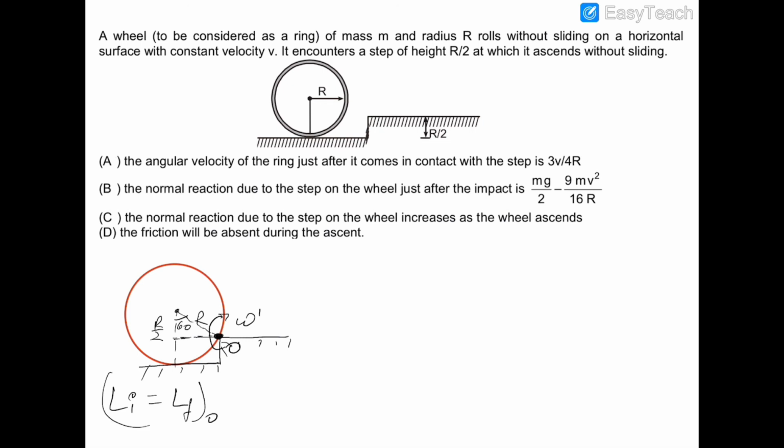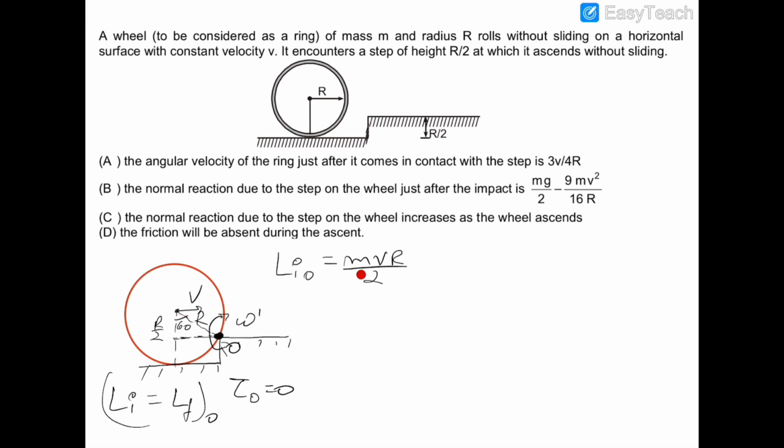because the friction would be acting on the ring at this point, therefore the torque on the ring about this point would be 0. So the initial angular momentum about O will be, this is mvr by 2. This is the translational angular momentum, because the center of the ring is moving with velocity v, and its distance from this point is r by 2.